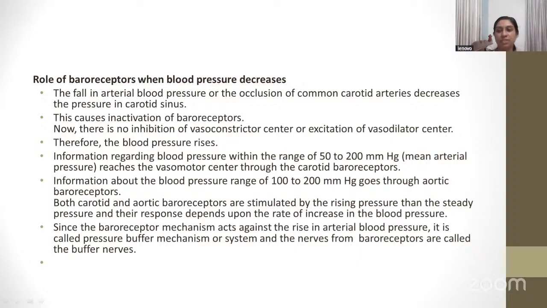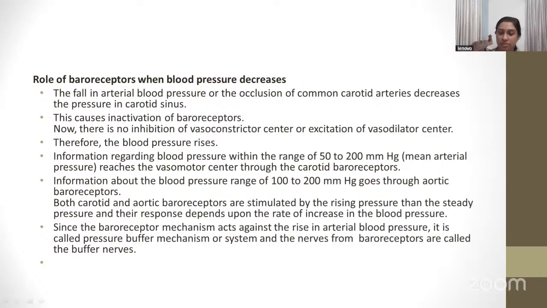And if the blood pressure ranges about 100 to 200 millimeters of mercury, the information goes via the aortic baroreceptors. Both the carotid and aortic baroreceptors are stimulated more by rising pressure than by steady pressure. When the blood pressure is rising, it is sensed by the carotid as well as the aortic baroreceptors, and their response depends on this range of blood pressure variation.